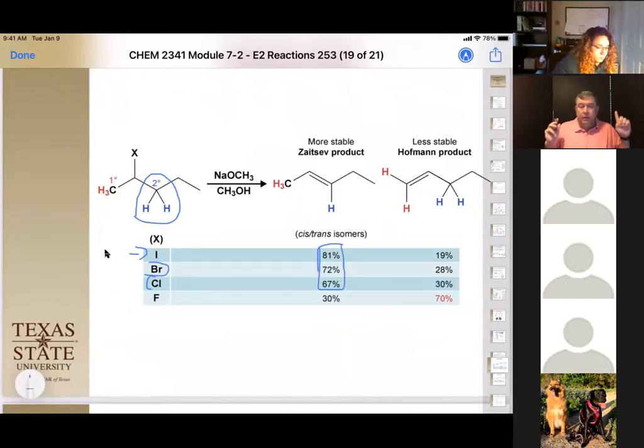However, fluorine is not as good a leaving group as the rest of them, okay? And it actually changes the product ratio. Fluorine is the only one that, when you remove using an elimination reaction, actually provides the Hofmann product instead of the Zaitsev product.